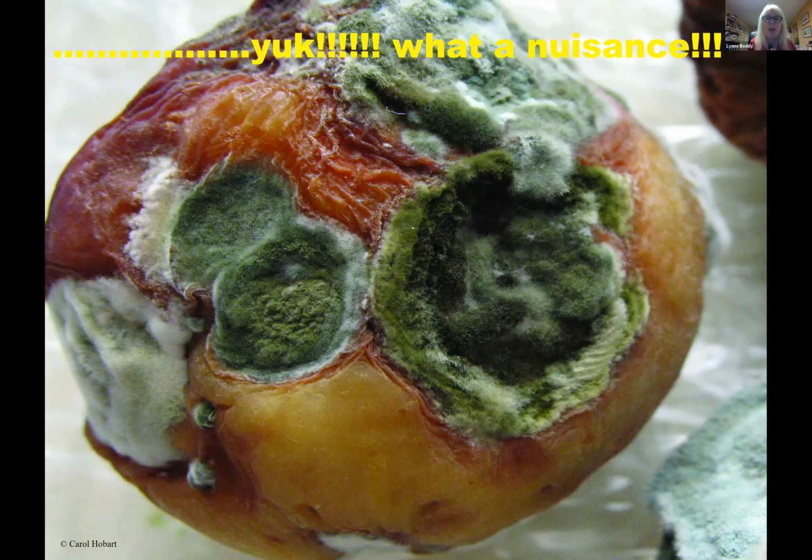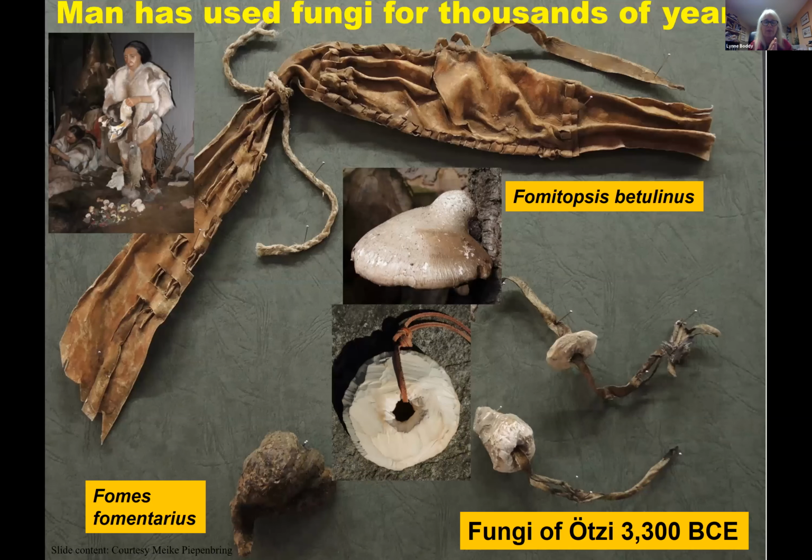I've already, I hope, explained to you that fungi are crucial for our ecosystems. One, because they're the decomposers and they break down and recycle things so that plants can grow. And two, because 90% of plants have these mycorrhizal associations with their roots and would not exist without them. So our ecosystems wouldn't work without fungi. But we as humans really need them directly as well as indirectly.